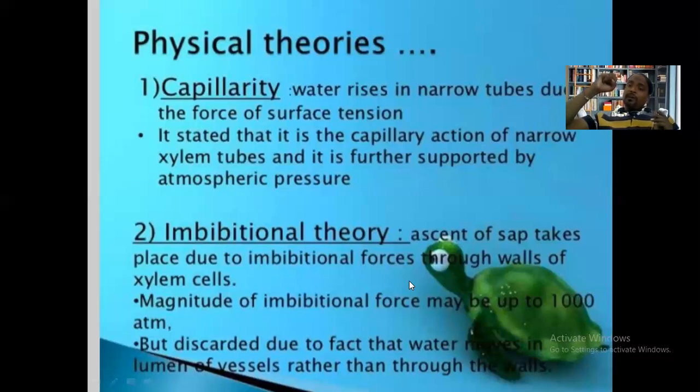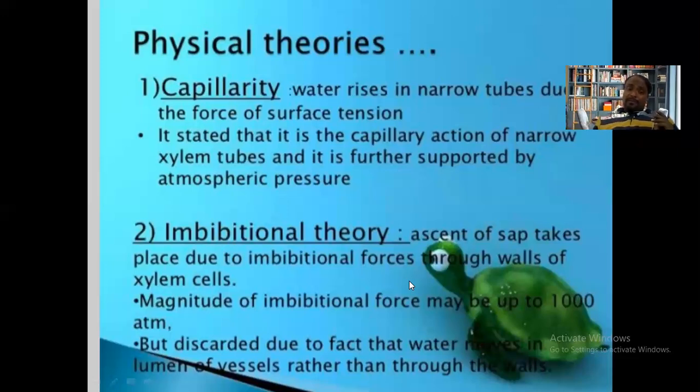This cell wall is in contact with its adjacent cell. That adjacent cell is again in contact with another adjacent cell, and accordingly the water is transported from one cell to another, isn't it? This theory was proposed by the scientist Unger in the year 1868, and it was supported by the scientist Sachs in the year 1878.